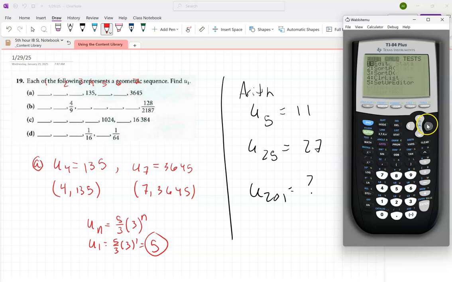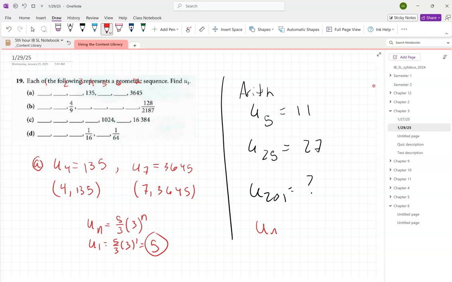And then I'm going to go and then linreg that. So it tells me my formula is U sub n equals 0.8 times, well, n plus 7. So U201 would be 0.8 times 201 plus 7.